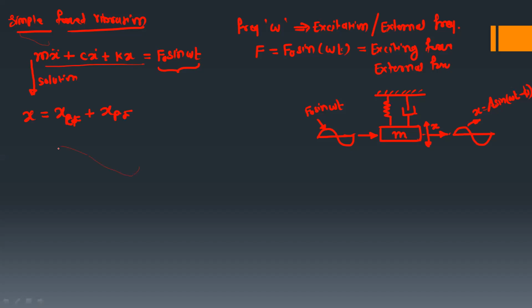The complementary function's equation is similar to the equation of free damped vibration. So I will write the general equation: C1 e raised to minus zeta plus square root of zeta square minus 1, into omega n t, plus C2 e raised to minus zeta minus square root of zeta square minus 1, into omega n t. So this is just the complementary function.